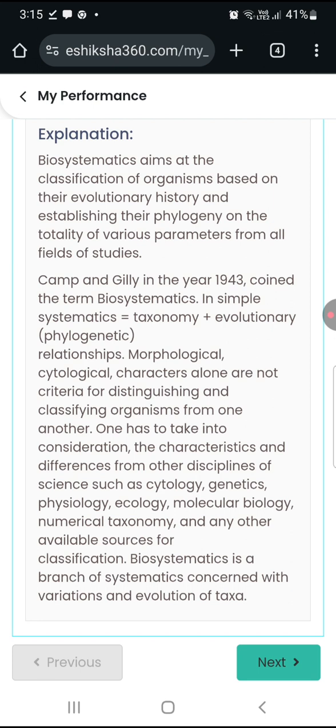One has to take into consideration the characteristics and differences from other disciplines of science such as cytology, genetics, physiology, ecology, molecular biology, numerical taxonomy, and any other available sources for classification. Biosystematics is a branch of systematics concerned with variations and evolution of taxa.